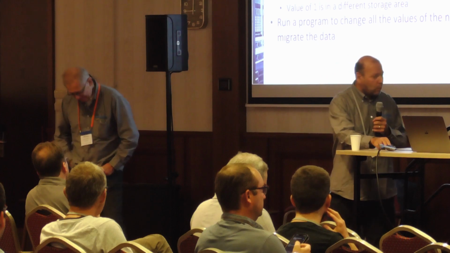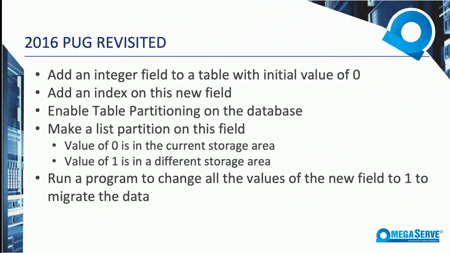What you do is described here. You add an integer field to a table and give it an initial value of 0. Add an index on this new field, and then you enable table partitioning. You make what's called a list partition, where the value 0 lives in the exact storage area where that table lives today. When you change the value to 1, rows with the value of 1 will be assigned to a different storage area.